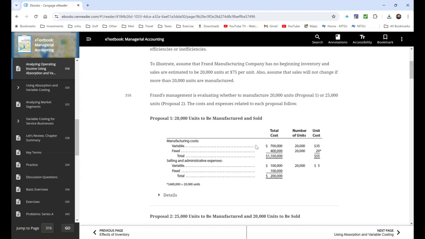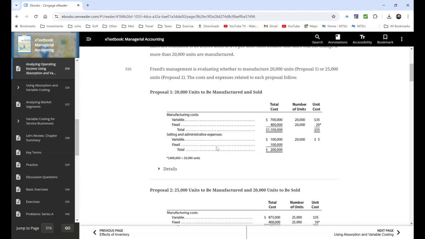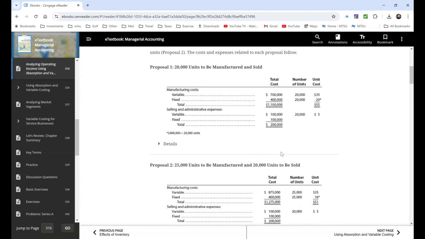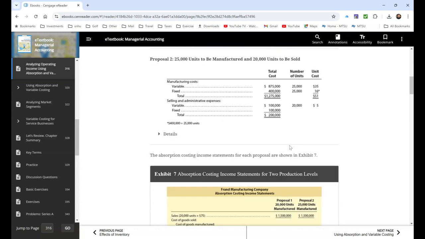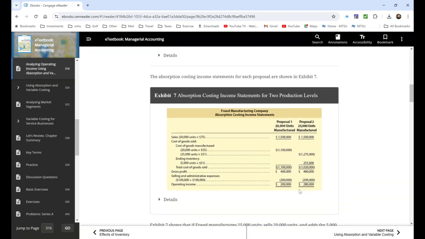And so here's an example of 20,000 units to be manufactured. You can see here that under proposal one, where you produce 20,000 units, your operating income is going to be $200,000.